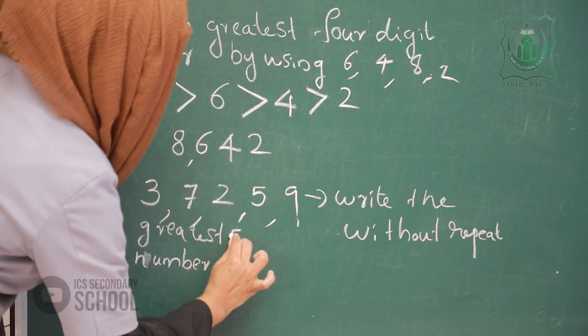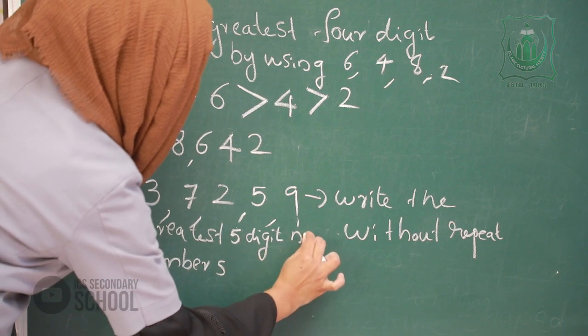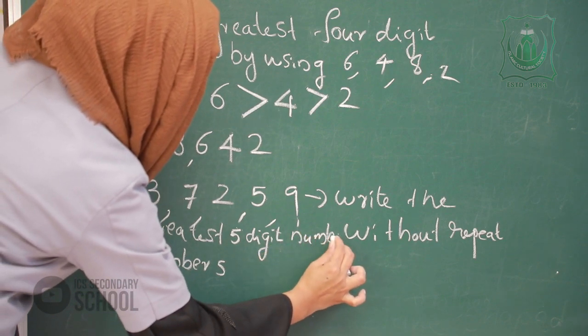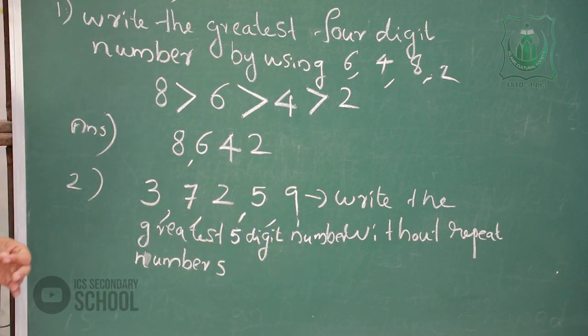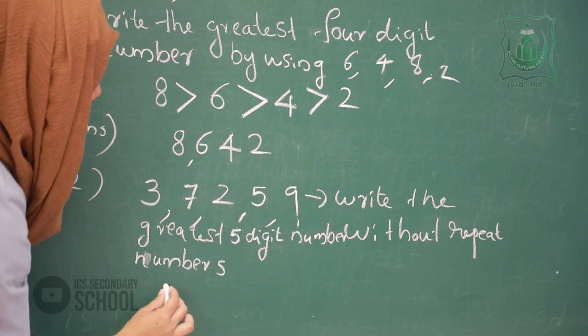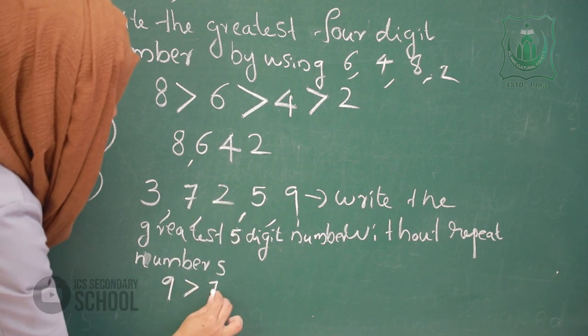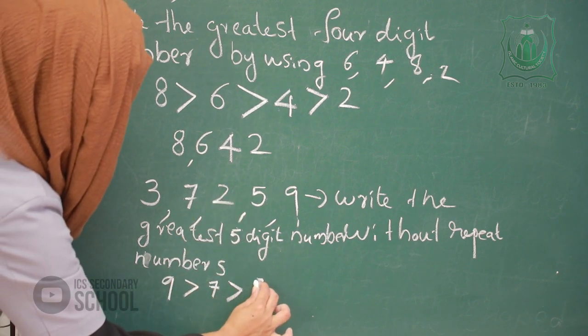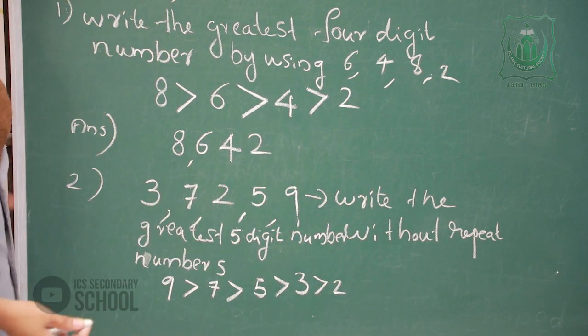Greatest 5-digit number without repeating. So, which is the greatest number coming first? 9, 7, 5, 3 and 2. Okay.